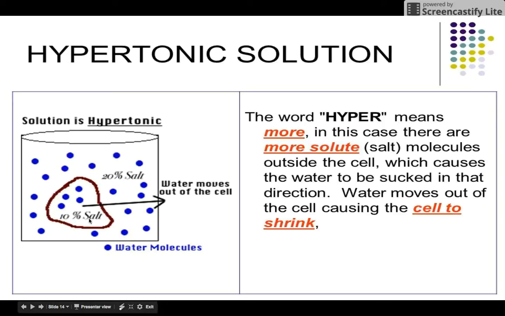This cell has 10% salt, but the environment of this cell has 20% salt. So this environment with 20% salt will suck the water out of this cell. You get the picture? More salt, well, that's the direction the water will move.